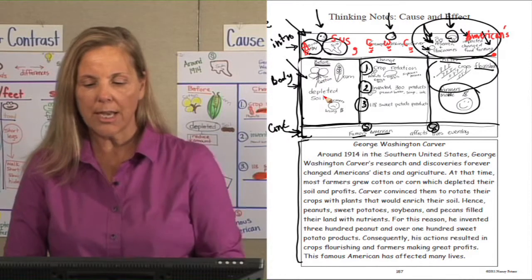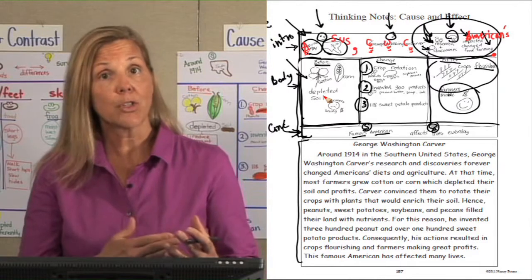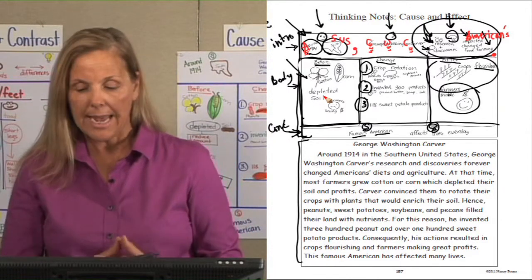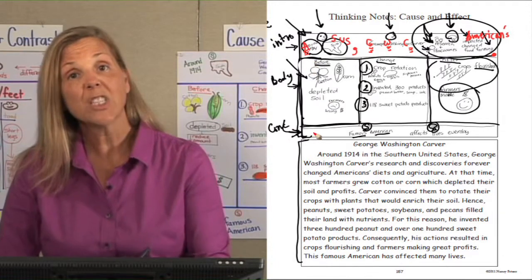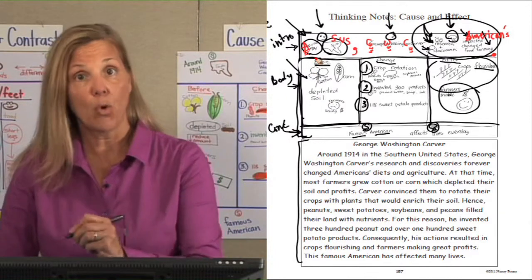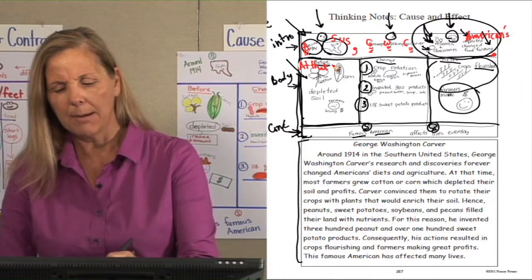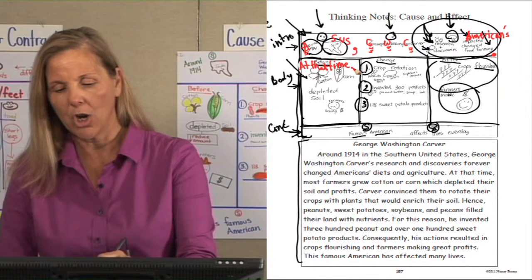So I could start this sentence with "before Carver changed farmers' lives," or I could just start with "at that time," because I'm talking about what it was like at that time before the change. I think I'll start with "at that time." I'm going to write "at that time" to transition me into the before part, and I'll put a comma.